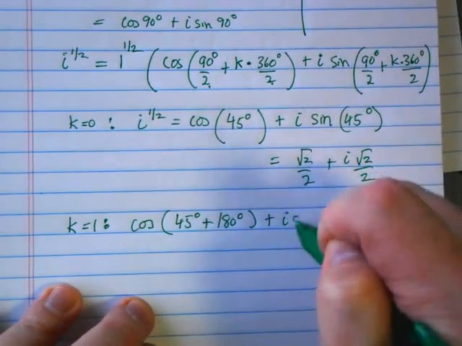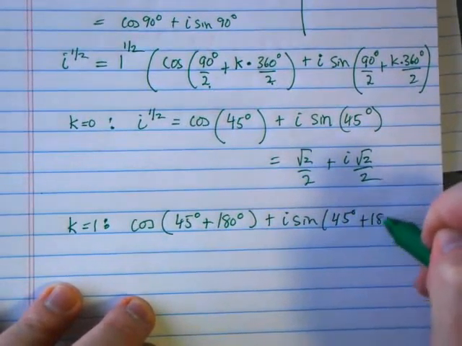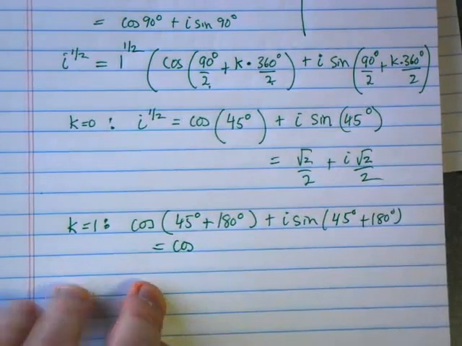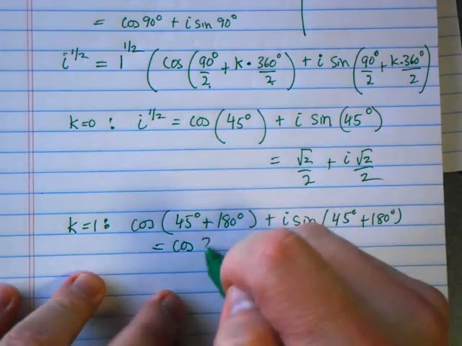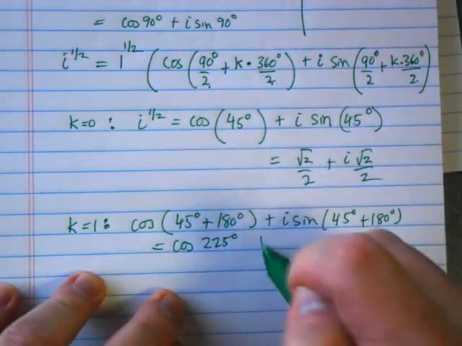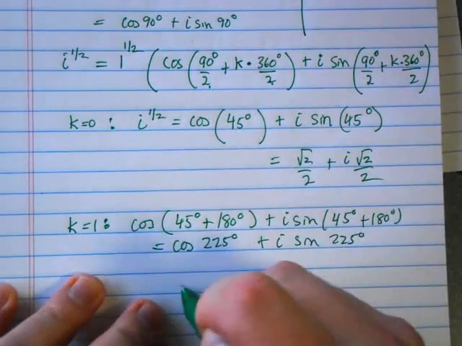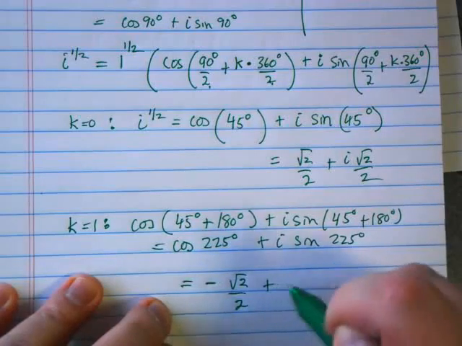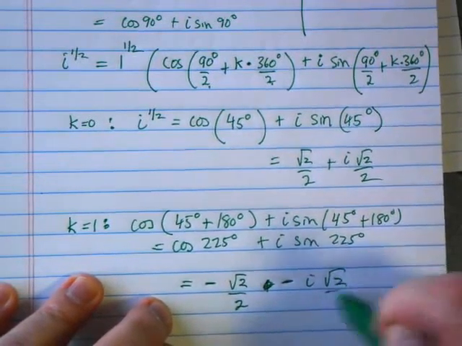Plus I sine, this will be the same thing, 45 plus 180. 45 plus 180 is 225. Plus I sine 225. This one is negative square root of 2 over 2 minus I square root of 2 over 2.